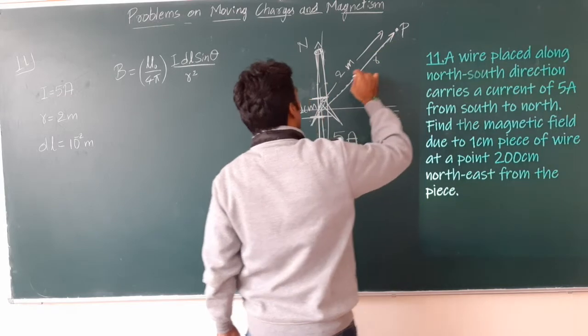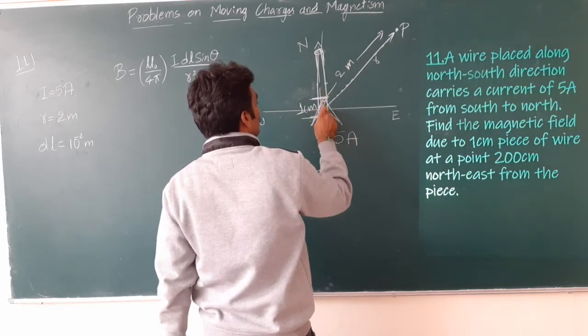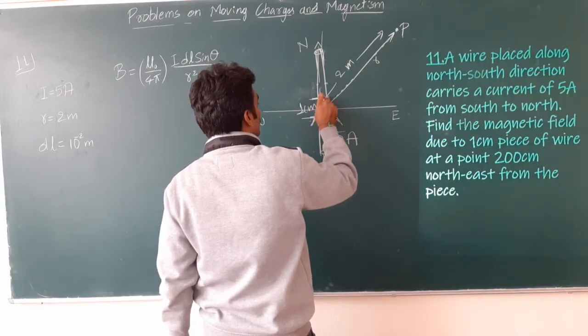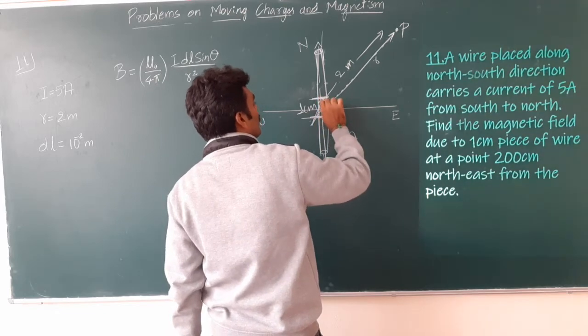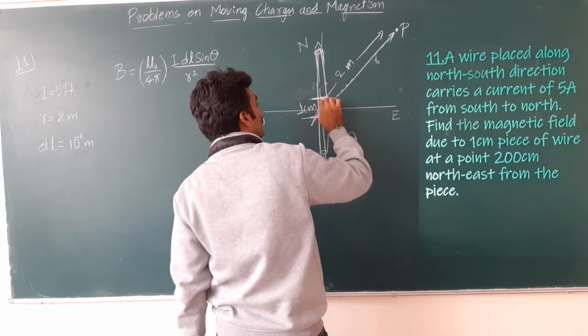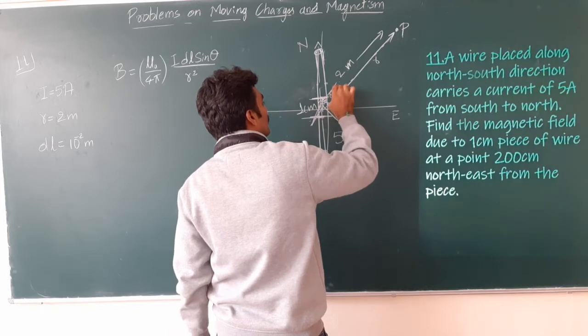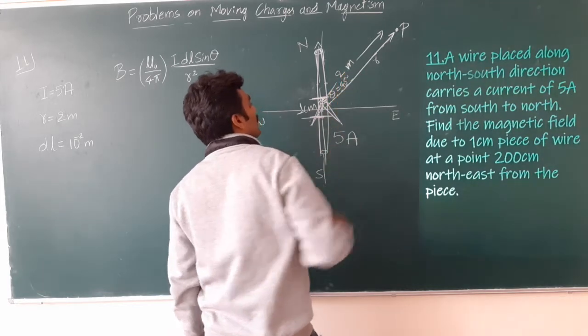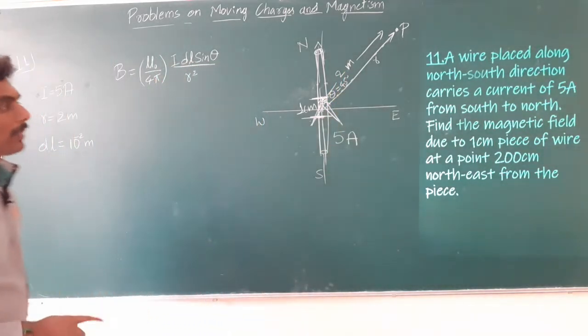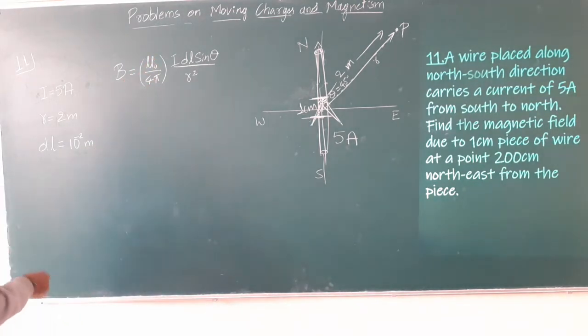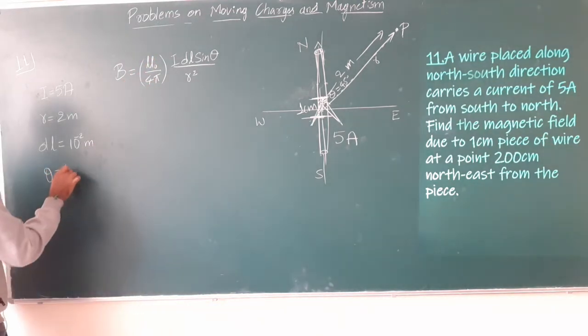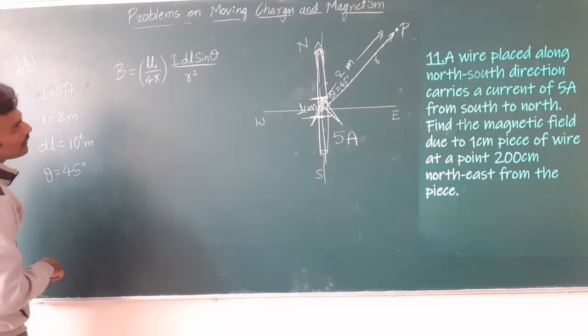This is our dl, this direction, and the angle between dl and r is this. How much? 45. Fine. So theta becomes 45 degree.